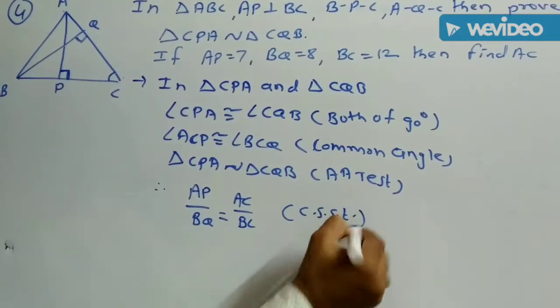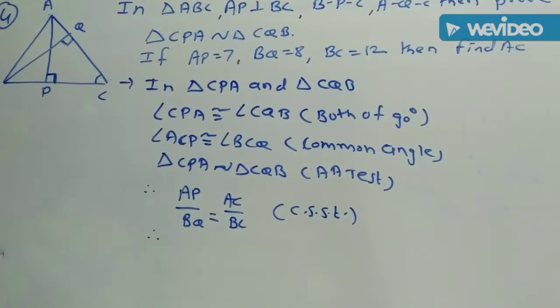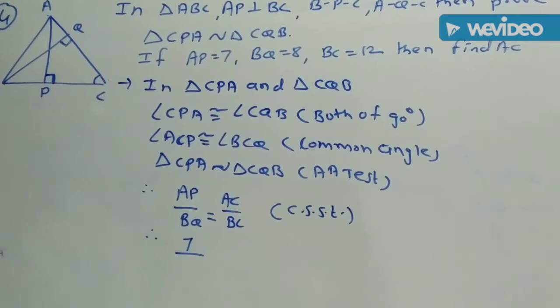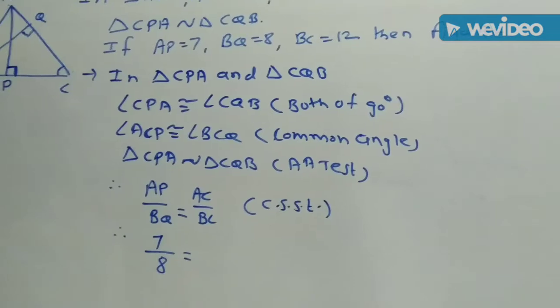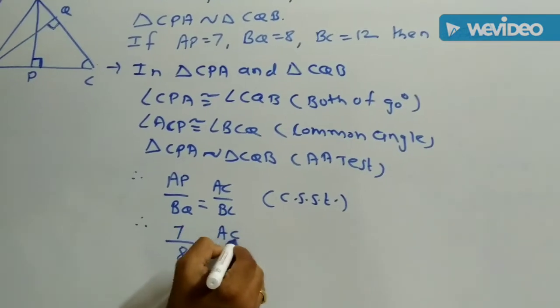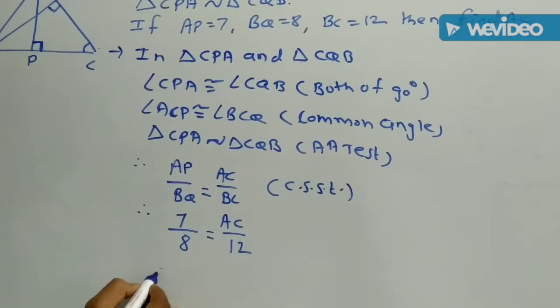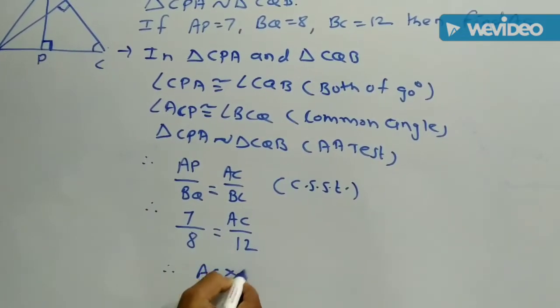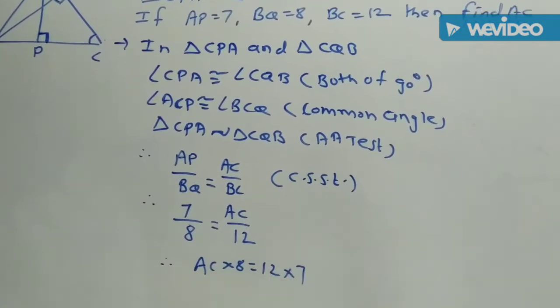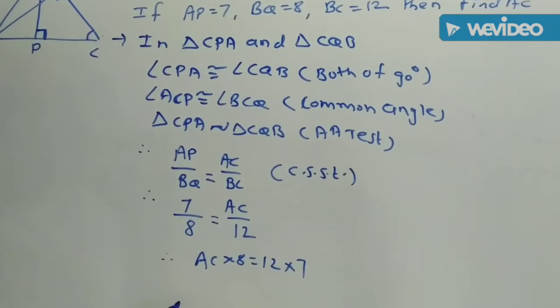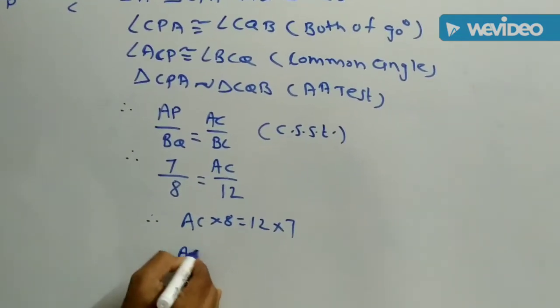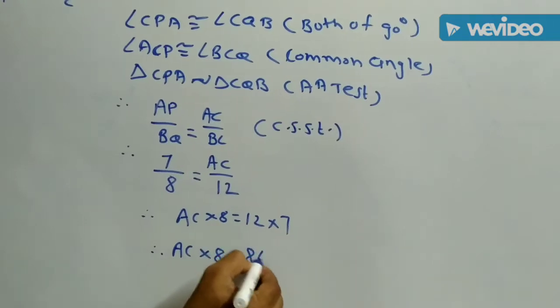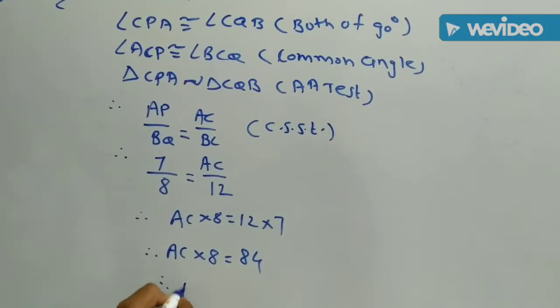Now putting the values, AP is 7, BQ is 8, AC we have to find, BC is 12. By cross multiplication, AC into 8 is equal to 12 into 7, which is 84.